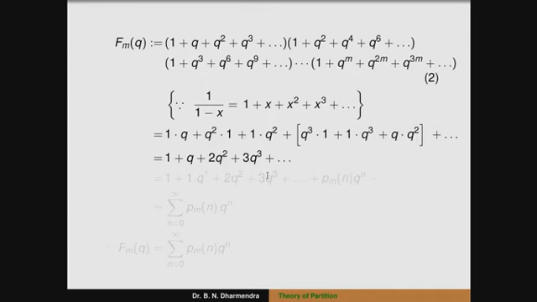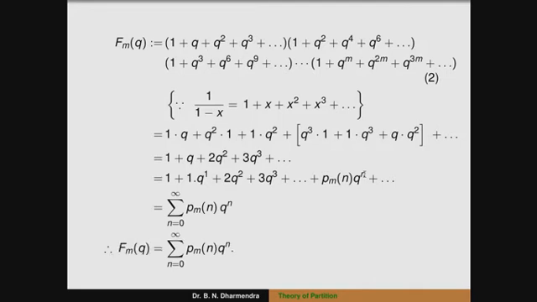So it can be written as 1 plus 1 into q to the power of 1 plus 2 into q square plus 3 into q cube, up to p suffix m of n into q to the power of n, up to infinite terms. Or it can be written as a series, n running from 0 to infinity, p suffix m of n into q to the power of n, that is equal to f suffix m of q, that is equal to 1 divided by (q;q)_m.